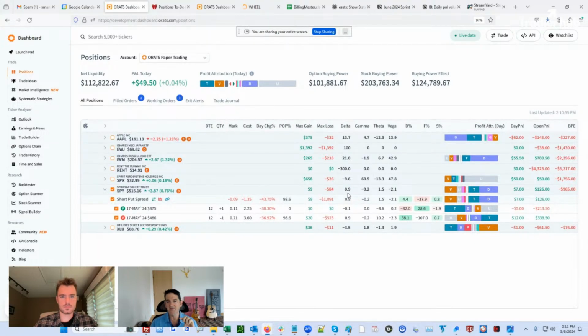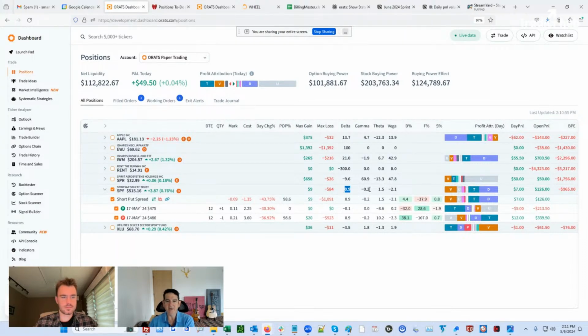Okay. So we want this to go up. And in this case, it's very low delta, because we're kind of ambivalent. It could go up a little bit, down a little bit, and it really is not going to affect it. So the delta is low. If it goes up $1, the most we can make is $9 anyway. So it's 0.9, not even one delta. Again, we're looking at a very extreme example here, but the gamma is really small.